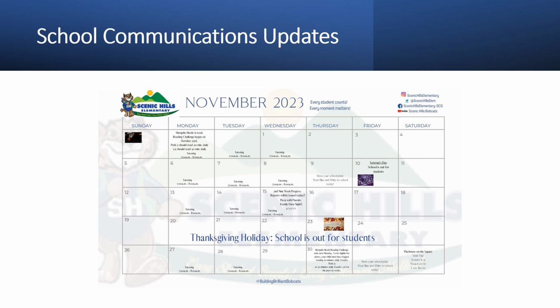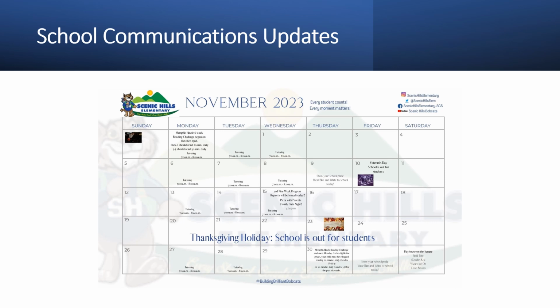Teachers update their grades weekly, and so you'll be able to see in real time the progress your child is making. We also have a school-wide calendar that we send home the first Wednesday of each month. It tells you everything that is going on in the school throughout the month.